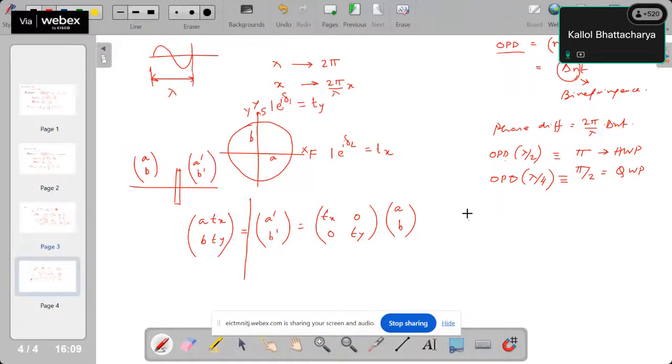So in case of a polarizer, the Jones matrix is 1, 0, 0, 0, when the transmission axis is along the x direction.